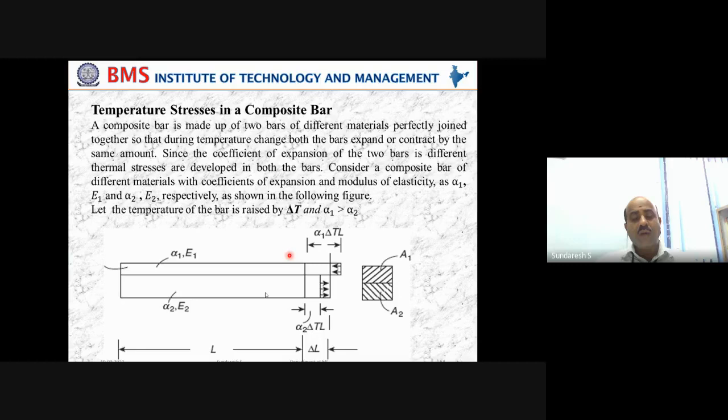Since the value of alpha 1 for material 1 is greater than alpha 2, I think you can easily understand here. When you take the free expansion of material 1, delta T and L remain constant for both materials, and the parameter that varies is alpha 1.